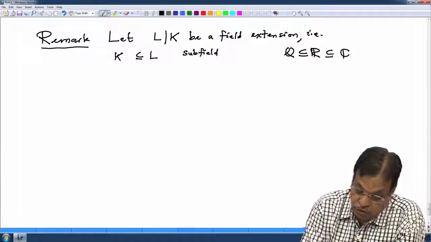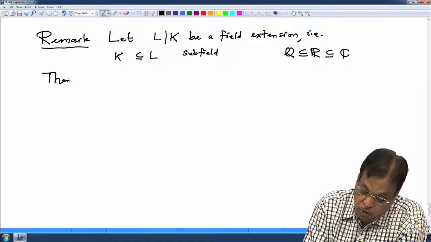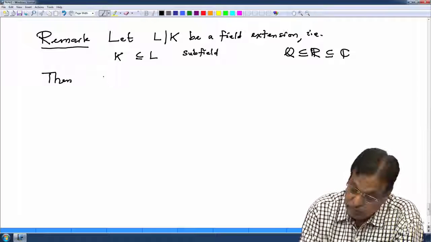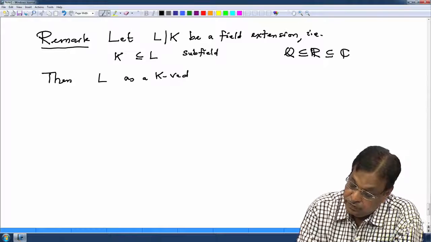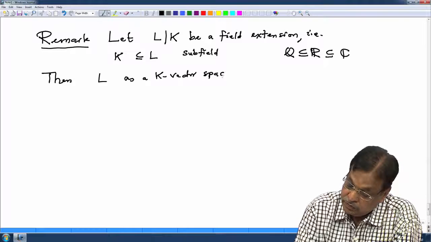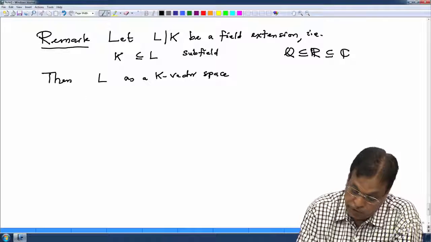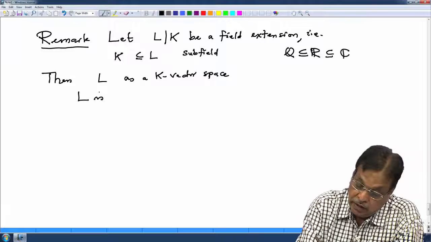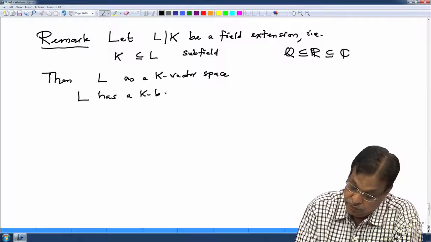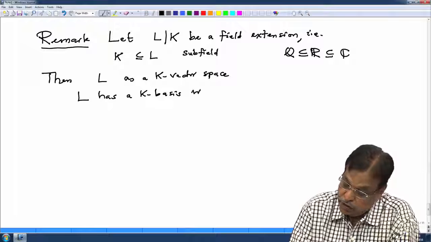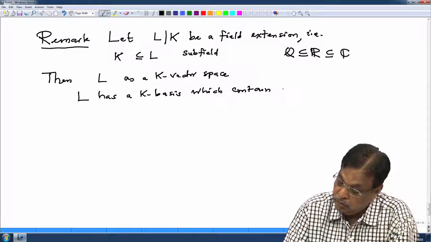So then what we have just proved above is that if you look at L as a K vector space, L has a K basis which contains 1.